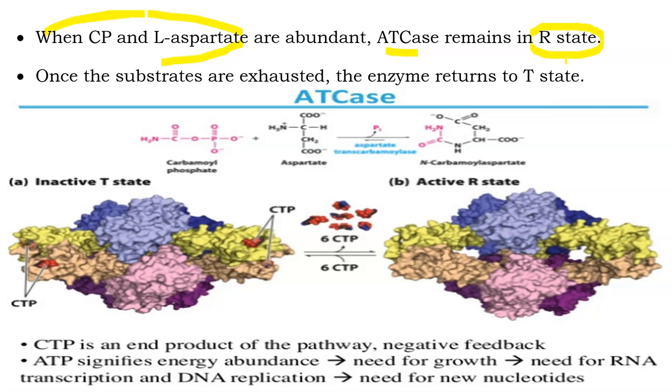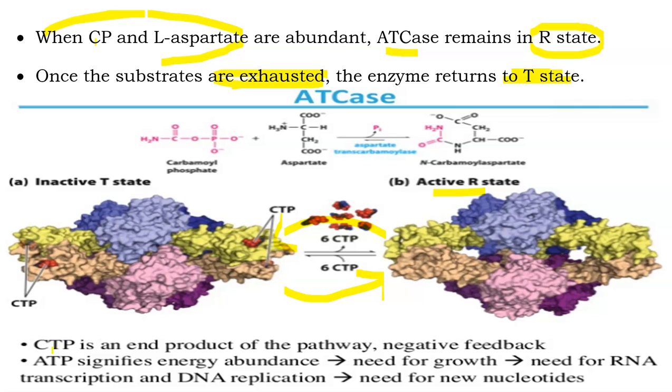Only in the relaxed condition can it perform the reaction. Once the substrates are exhausted, that means if carbamoyl-aspartate and aspartic acid are not present in the vicinity, the enzyme again changes into the T state, the inactive state, we can say.